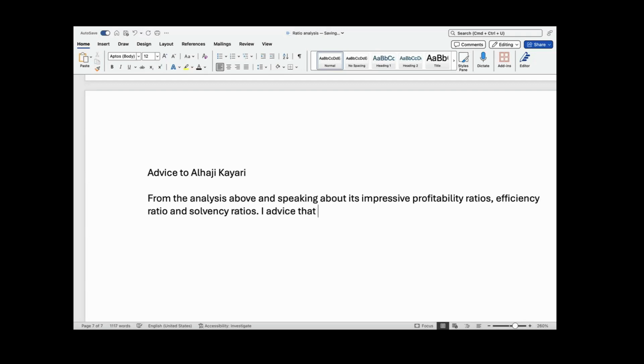advise that we should invest in Outcome Nigeria Limited because it needs liquidity to further improve its profitability and efficiency.